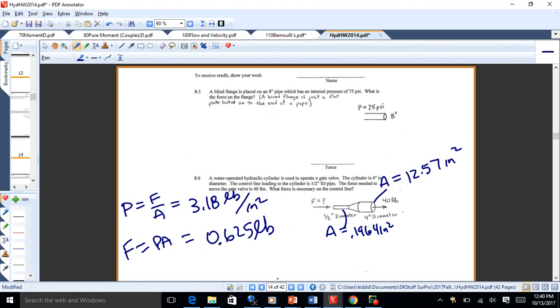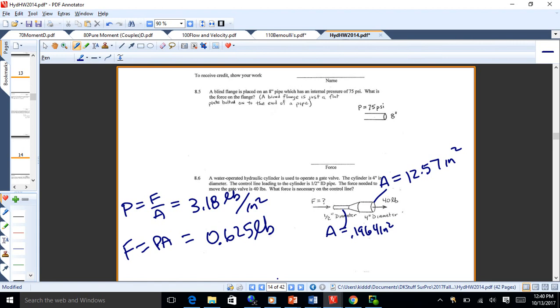It's more than 40. It's 40 divided by 0.625, which is 5/8, right? So it's 64 inches, I think. So that's the price you pay for extra force, is you've got to generate a lot of extra distance.